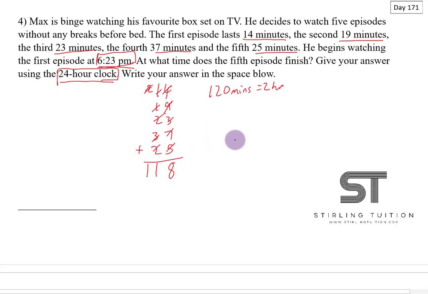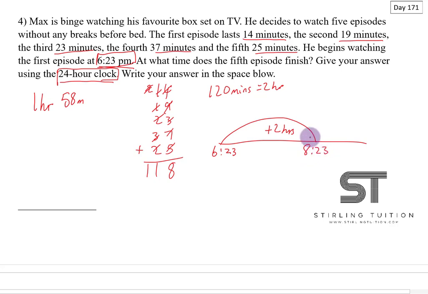Now turn that into hours and minutes, so 120 minutes is 2 hours. So this is going to be 1 hour and 58 minutes that we need to add on. So it starts at 6:23, and in actual fact I'm just going to add on 2 hours, because it's only 2 minutes less than 2 hours, and then take away the 2 minutes. So that takes me to 8:23, and then I'm going to go back and minus the 2 minutes that I added on extra because I only needed an hour and 58.